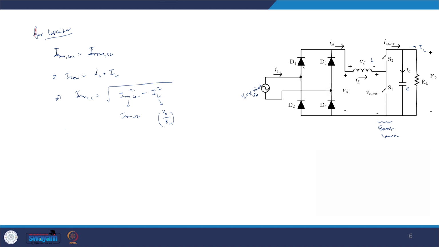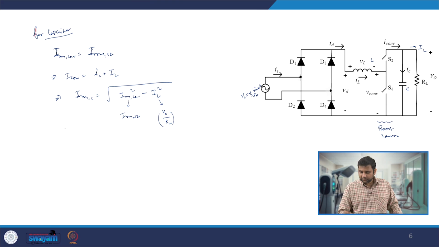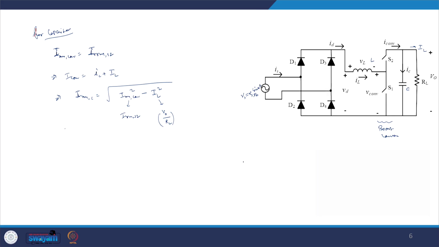So till now we have seen all the 4 diode ratings, we have seen all the switch ratings, we know the value of capacitance, we have also seen the RMS current flowing through the capacitance, we have seen the value of inductance, and we have also seen the RMS current flowing through the inductor.